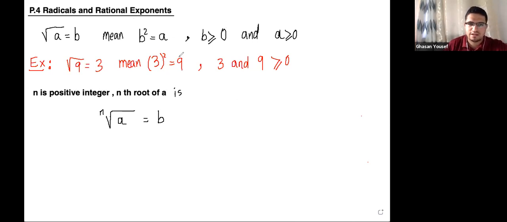The same idea as before: if I multiply b by itself n times, b to the power n should give me a. And I have to know it must be positive if this n here is an even number.